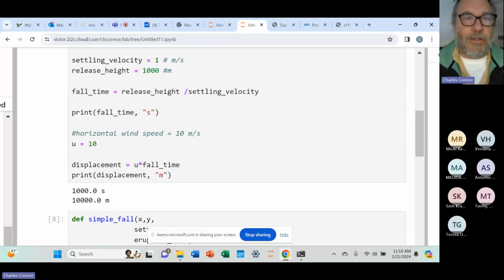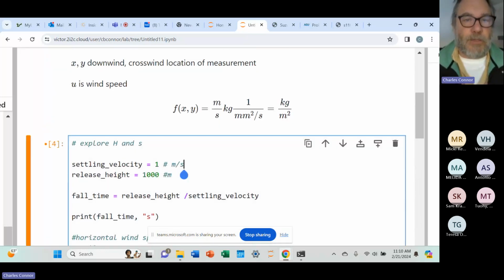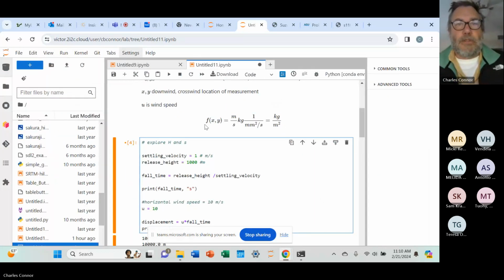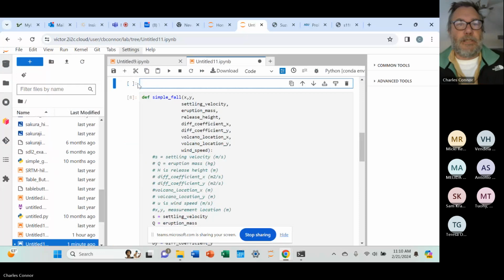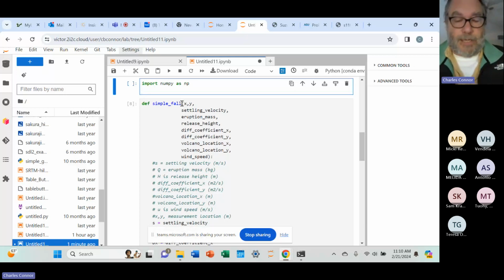Up here somewhere, I'm going to go all the way to the top, and I'm going to insert a cell. I'm going to say import numpy as np. Got to do that.